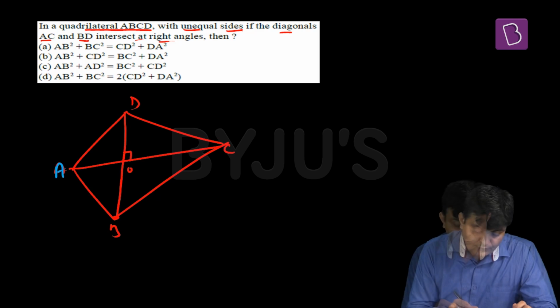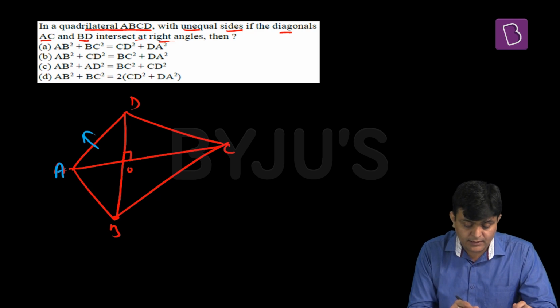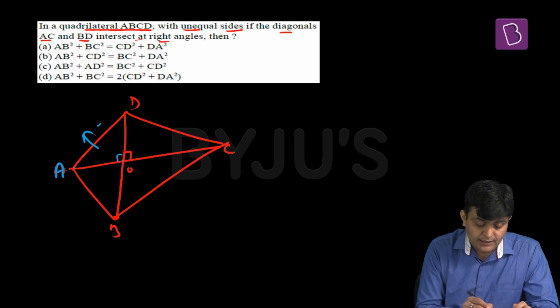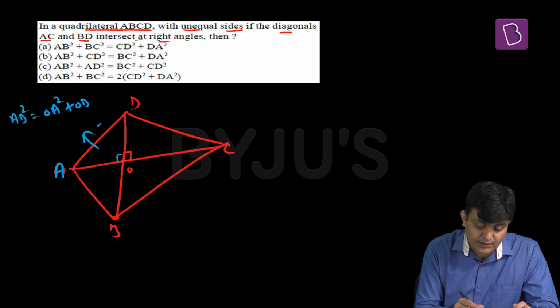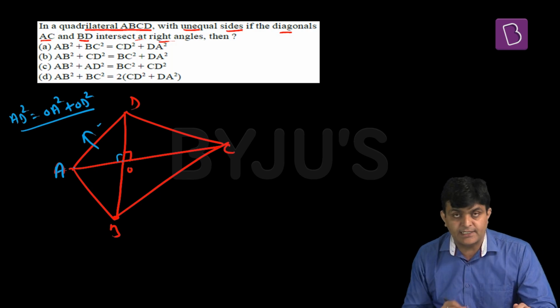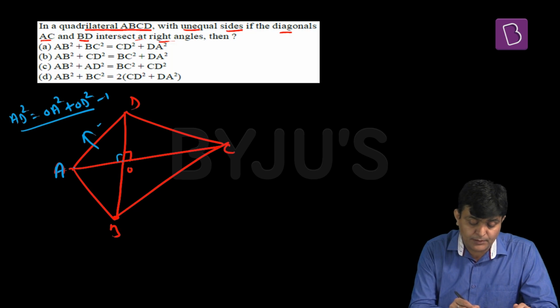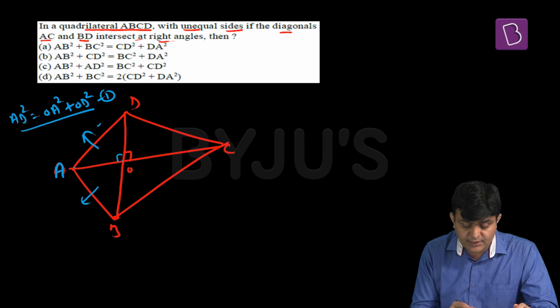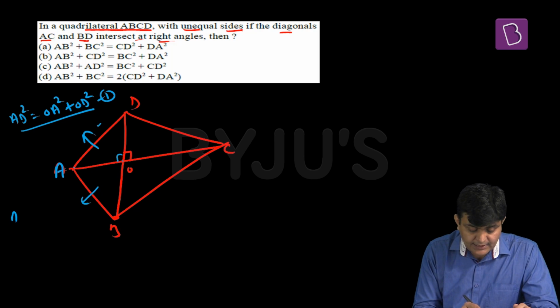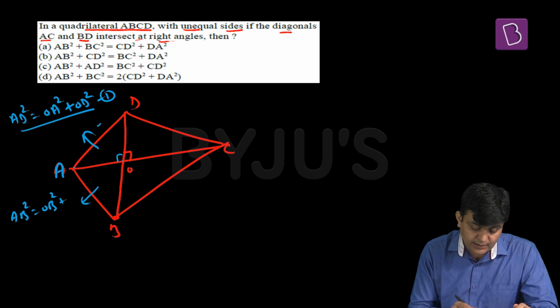We have to answer. From this triangle AOD, this is 90, so AD is the hypotenuse. So AD square is equal to OA square plus OD square by Pythagoras. We can write it, right? Number 1. Again from this triangle AOB, AB square is equal to OB square plus OA square, number 2.